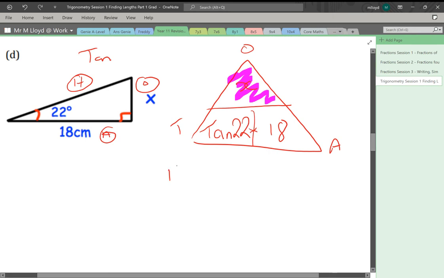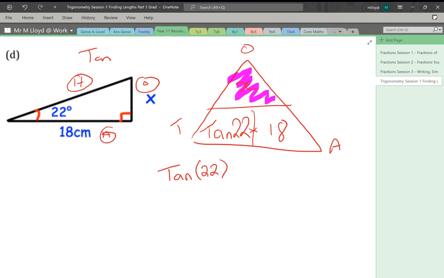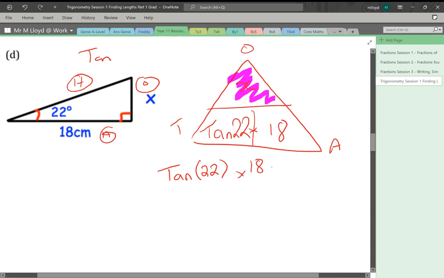Now, this is where you've got to be so careful, because when you type in tan on your calculator, and I'm going to do it now, immediately a bracket has been opened. So you type in that 22 for the angle and then close that bracket. Otherwise, like I said, BIDMAS is going to break you. Right, then we multiply it by 18, times by 18, and that gives us 7.27247, which is 7.27.